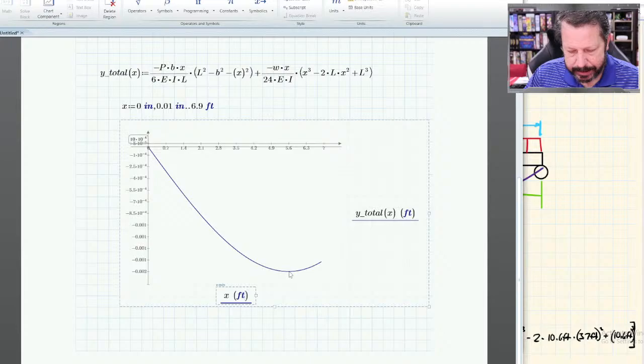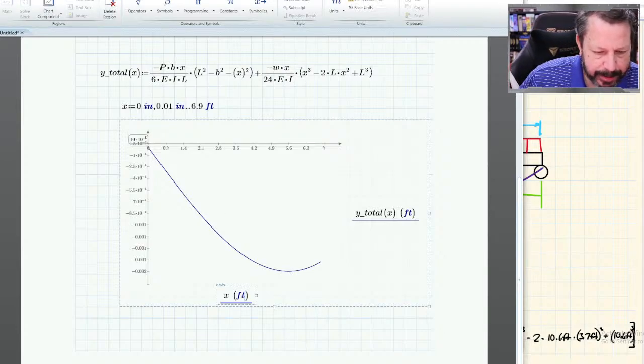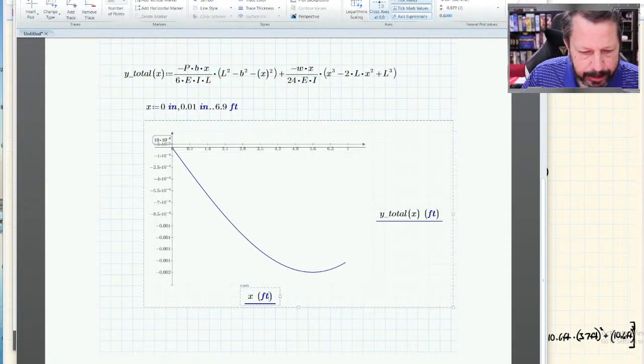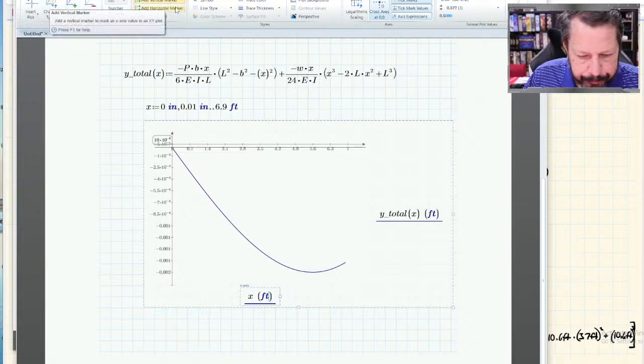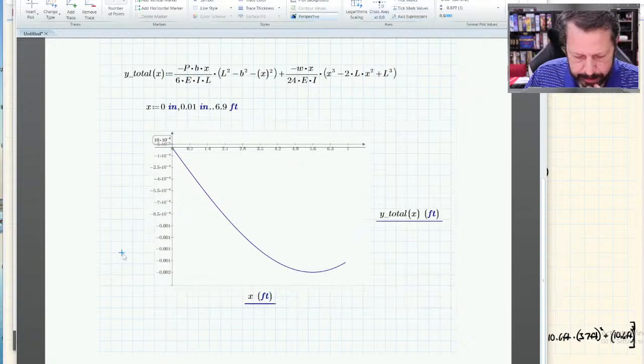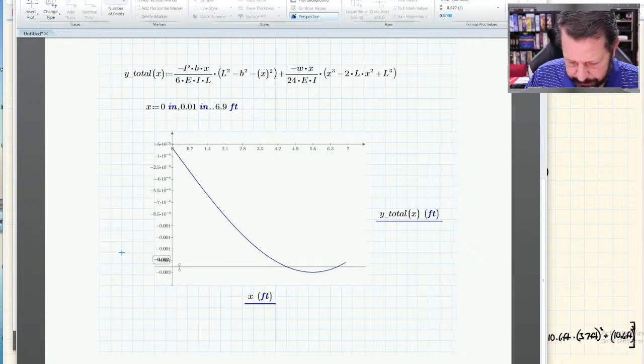If I could just trace here, that would be close enough. I just don't know how to trace on this version of MathCAD. Maybe it's in the plot somewhere. I can add a trace, but that's not what I mean. Guess I could just do that.